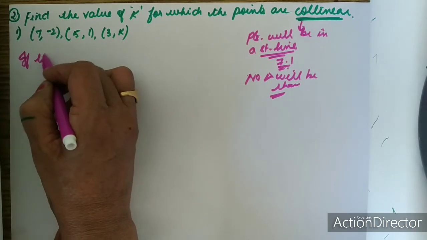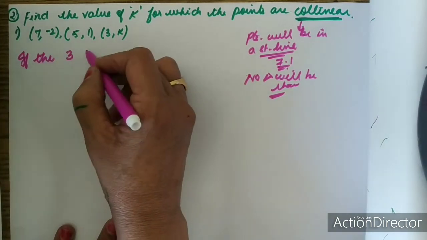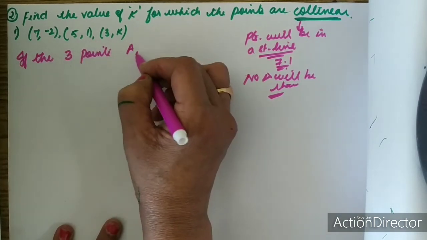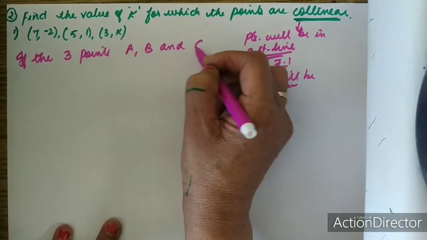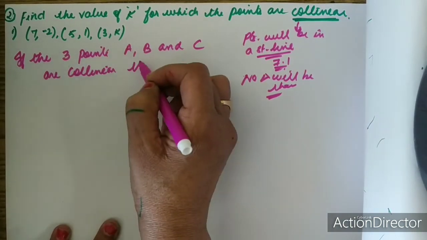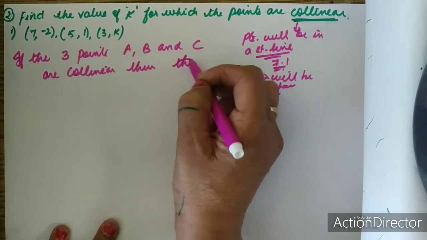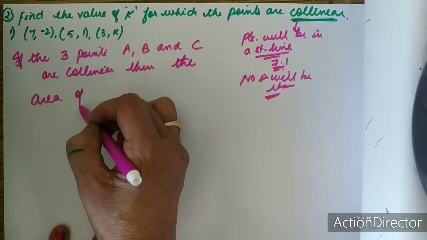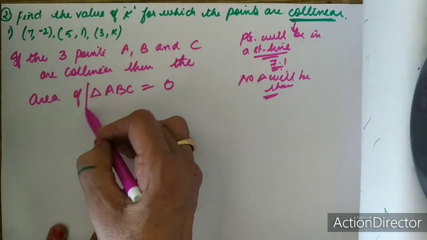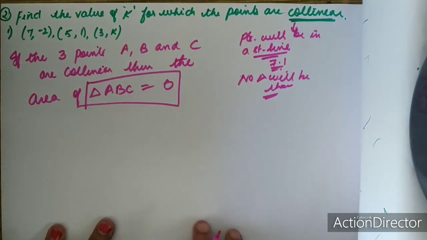If the 3 points A, B and C are collinear, then the area of the triangle ABC is equal to 0. This is the most important point.